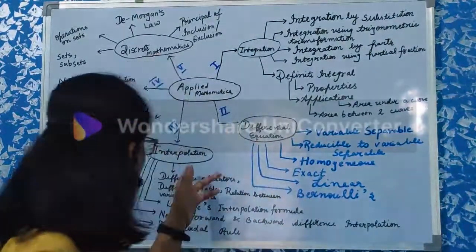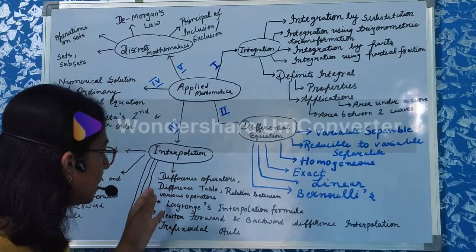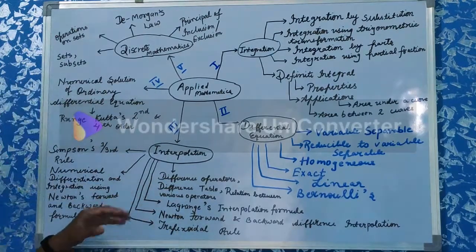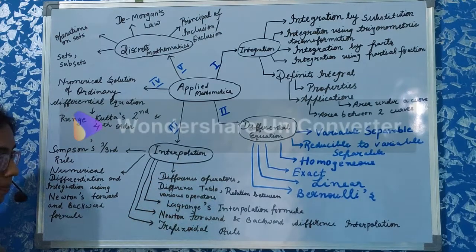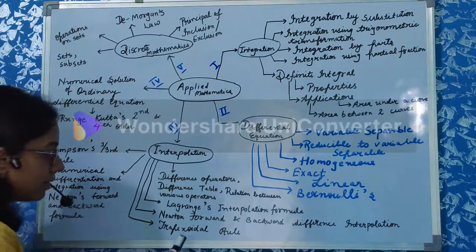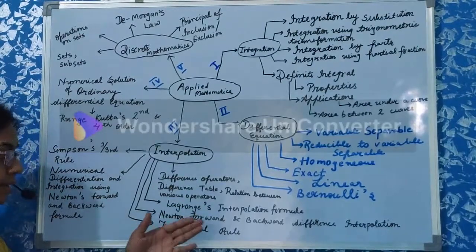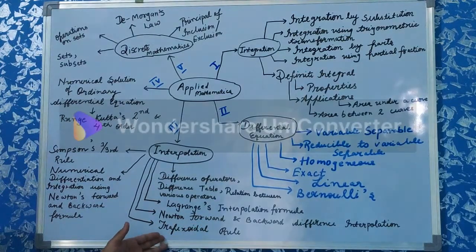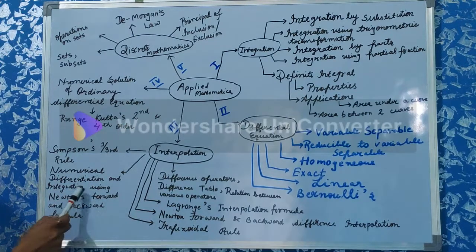The third chapter is interpolation. In interpolation, we'll be covering topics like, I hope the board is visible, difference operators, difference table, relation between various operators. Then we have Lagrange's interpolation formula, Newton forward and backward difference interpolation, trapezoidal rule, Simpson's one-third rule, numerical differentiation and integration using Newton's forward and backward formula.